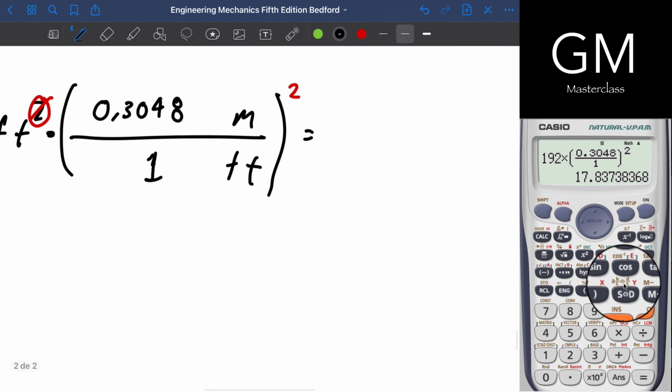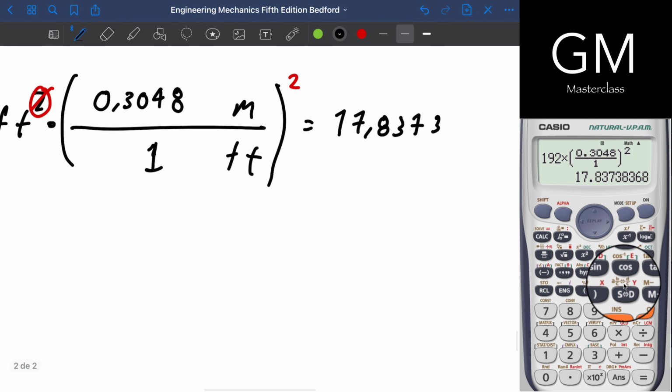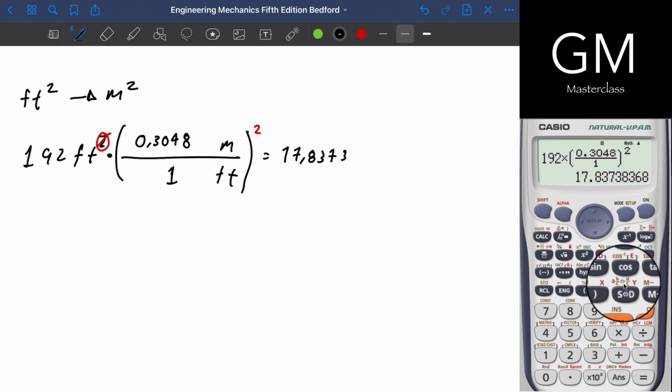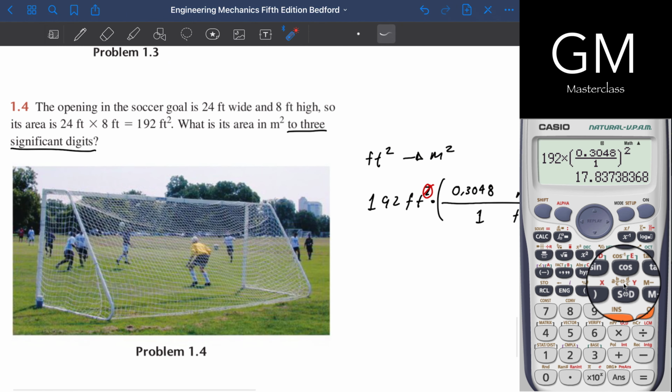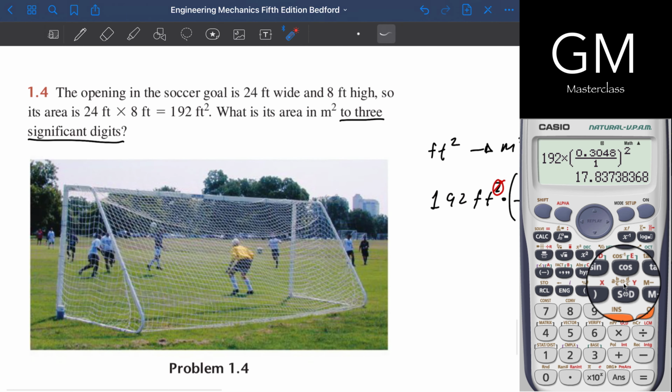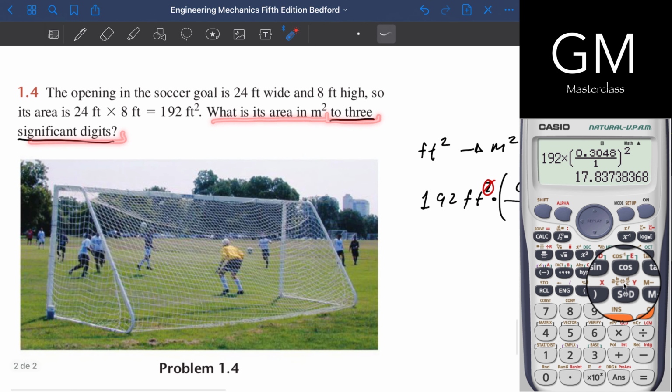This is equal to 17.8373. I'm not going to write the whole number, because now we're going to do the second part of the exercise. What is its area to three significant digits?